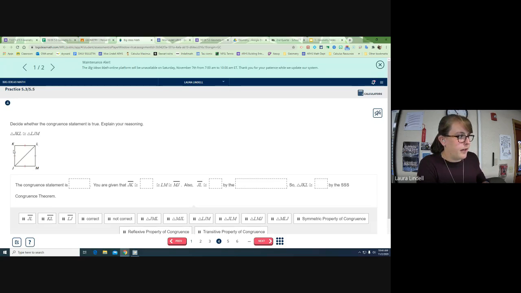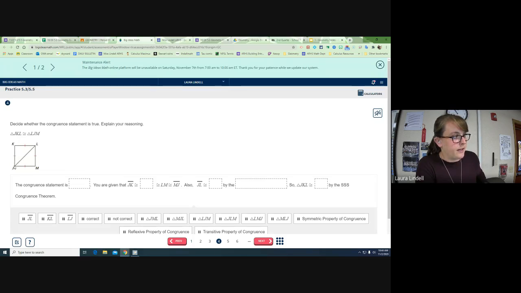So first off, looking at this statement right here, JKL, it goes from J to K to L. So this one's a little bit tricky just because we do have to take a look at this congruent statement first, because the two triangles are congruent, but the way that they labeled them is wrong.